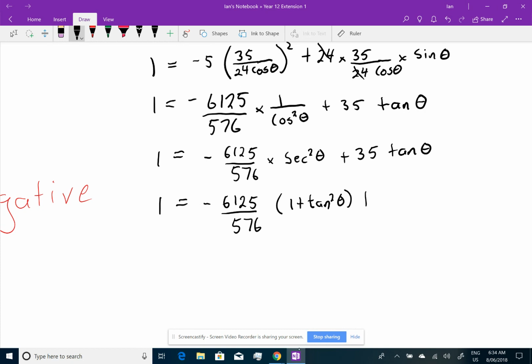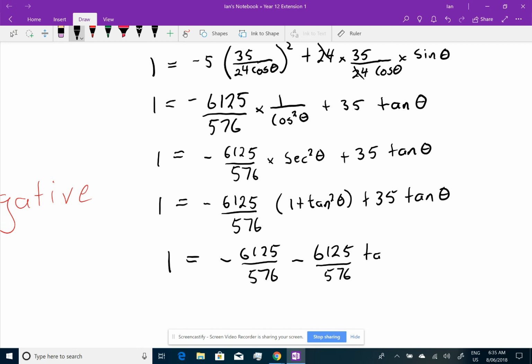Oh, good. Now I've got my variable that I'm trying to find in tan. Okay, let's multiply through a bit, and we get 1 equals negative 6125 on 576 minus 6125 on 576 tan squared theta plus 35 tan theta.